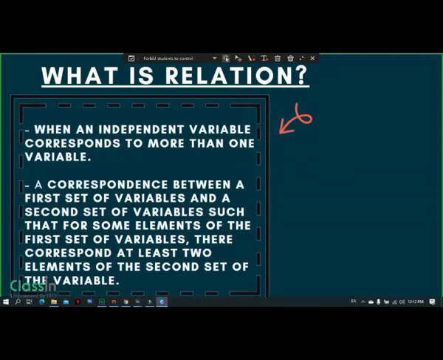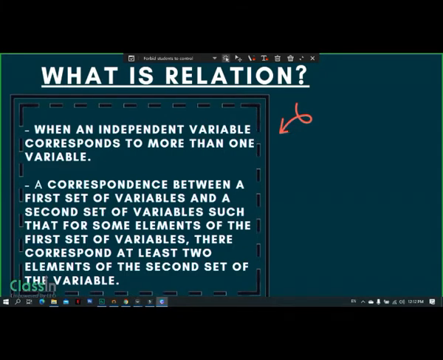So, sabi, si x mo daw, yung x, yung first variable, yung first set ng variable, yung x mo ay nagkaroon ng sanga-sanga sa y. So, mas marami na siyang karelasyon. Okay?